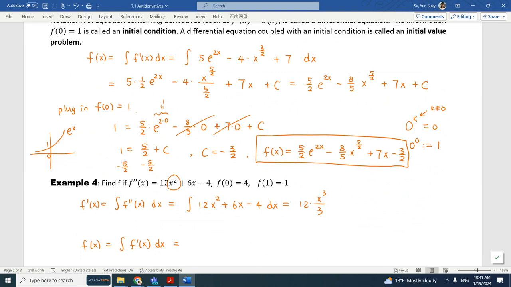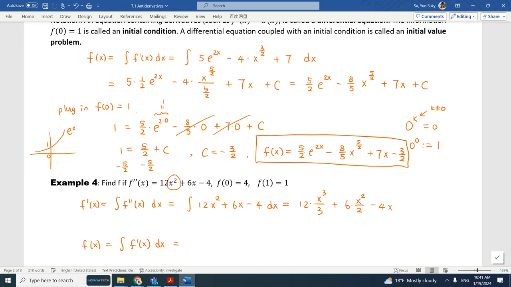Okay, next, what's the integral of 6x? Yeah, 6 times x squared over 2. And what's your name again? Bethany. Okay, good. Let's see. Blaine. What's the integral of -4? What's the integral of -4?